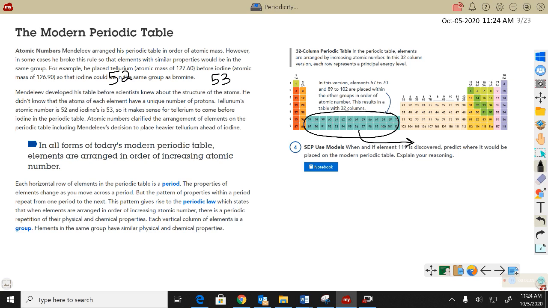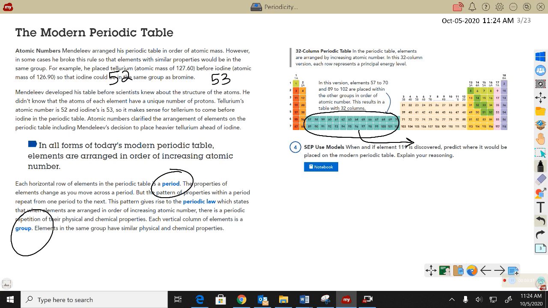And then we also look at the horizontal rows. Those are called periods. And so if I say I have an element in period 2, it means it's in the second row of the periodic table. So we'll be referring to elements by their groups and by their periods.